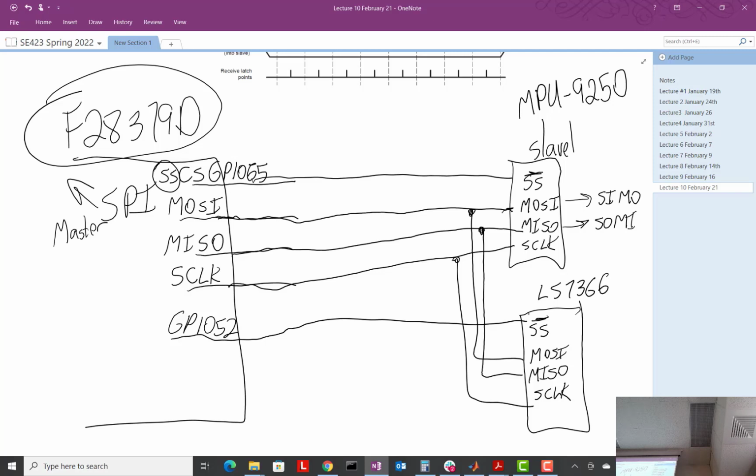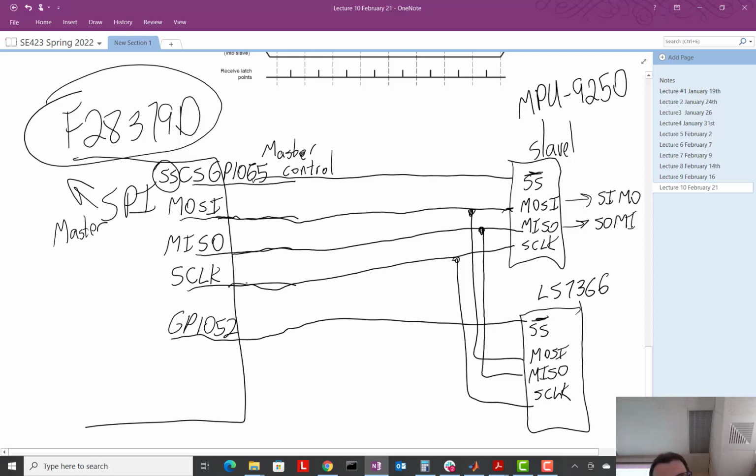Okay. All right, great. When we select that chip, then we start clocking data over to the device. And this is a big thing to get into your head. Which pins are controlled by the master and which pins are controlled by the slave? Well, the master always controls the slave select, obviously, to select the pin.